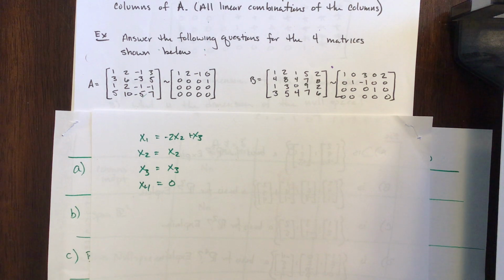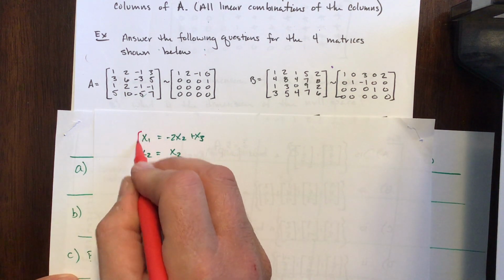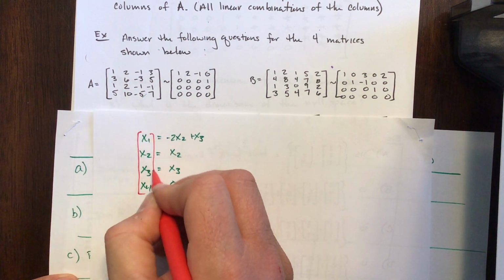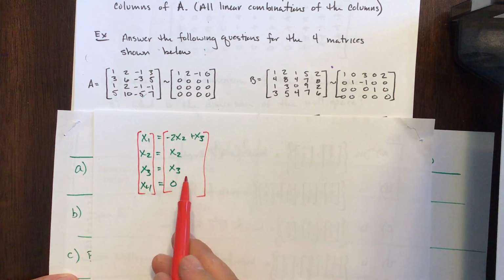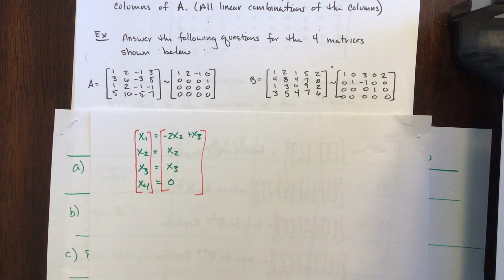And so we can say that any vector that's in the null space of A is a vector that's going to look like this, where 0 is going to be in the fourth component. x2 and x3 can be any numbers they please, so long as x1 is minus 2x2 plus x3.